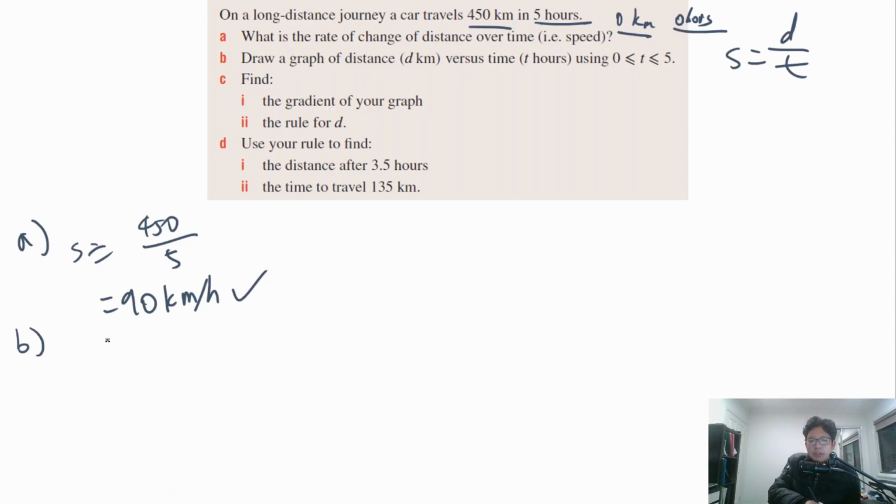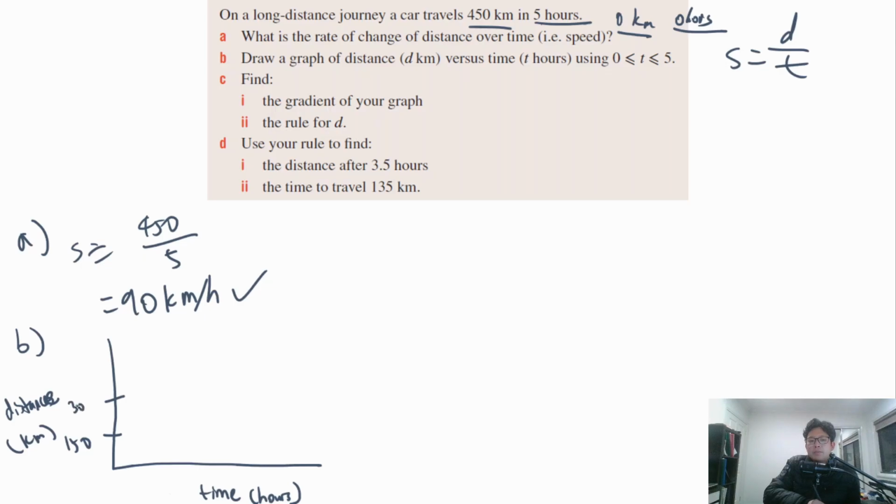Let's start by drawing the axes here like we normally do and label the axes. So at the bottom I'll put time in hours, and vertically I'll put distance in kilometers. So for kilometers, I'll do increments of 150 kilometers, and for time I'll do increments of 1 hour.